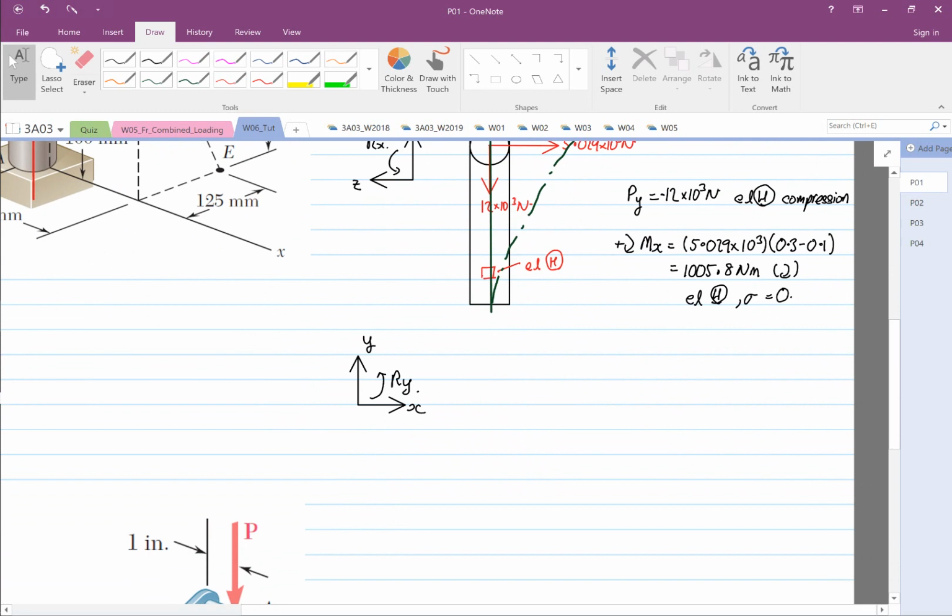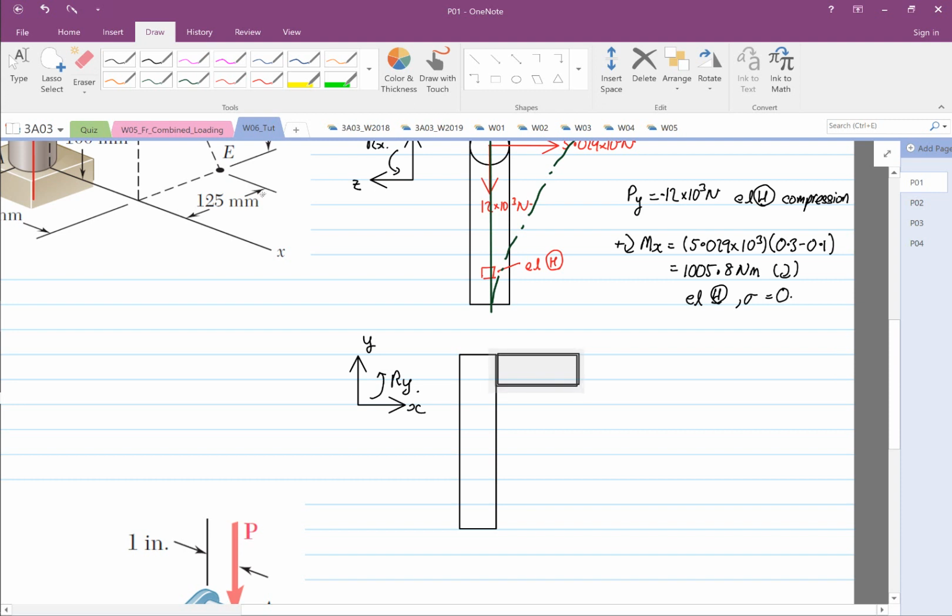The last view that we're going to look at is the XY plane. When you view this structure in the XY plane, you see it this way. So this is the structure, just a different view.